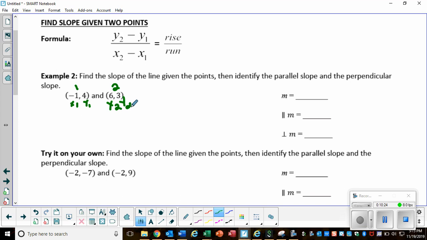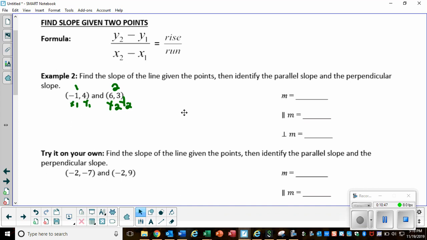Okay? Knowing that, I can go ahead and fill in this formula. So y2 would be 3 minus, the minus is going to be there no matter what, minus y1, which is 4, and then x2, 6, minus x1, which is negative 1.